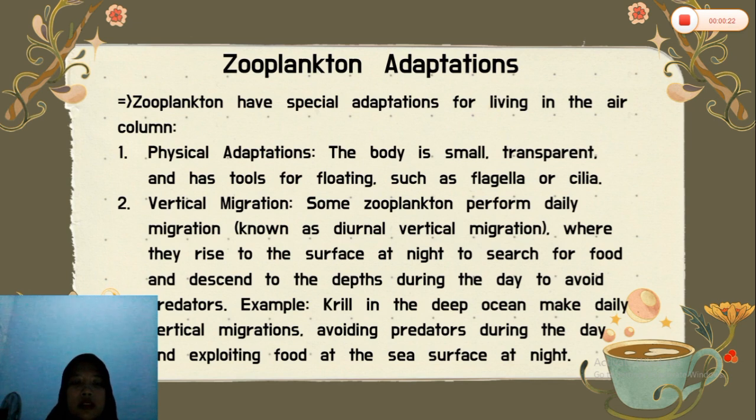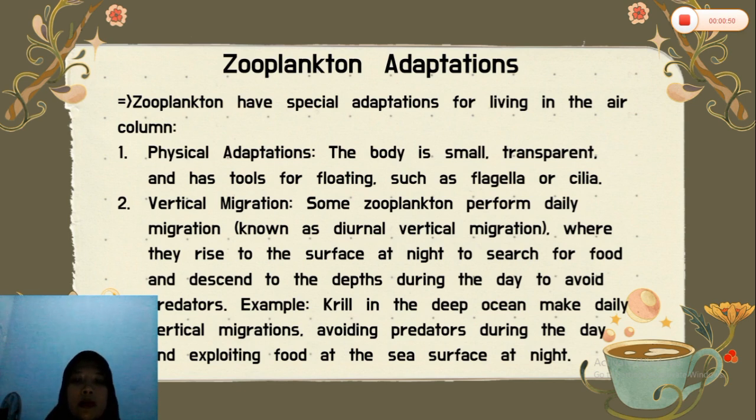Zooplankton adaptation. Zooplankton have a special adaptation for living in the water columns. The first, physical adaptation, the body is small, transparent, and has tools for floating such as flagella or cilia. And number two, vertical migration.